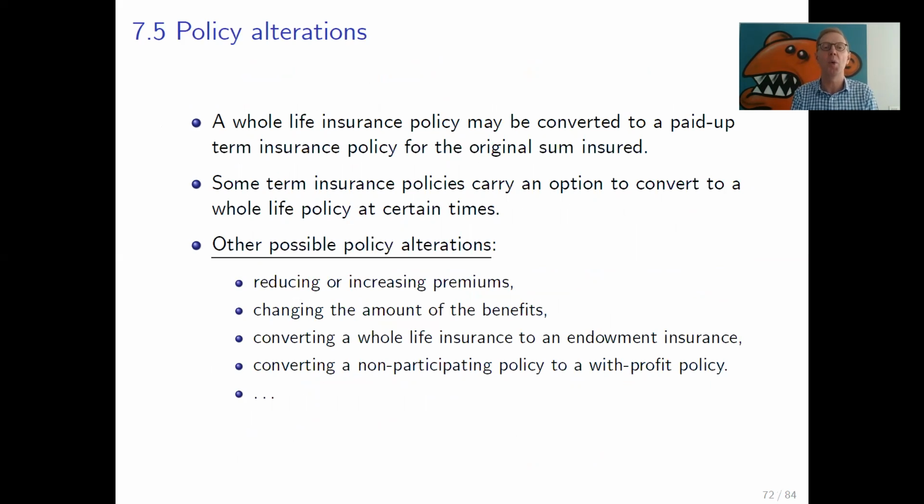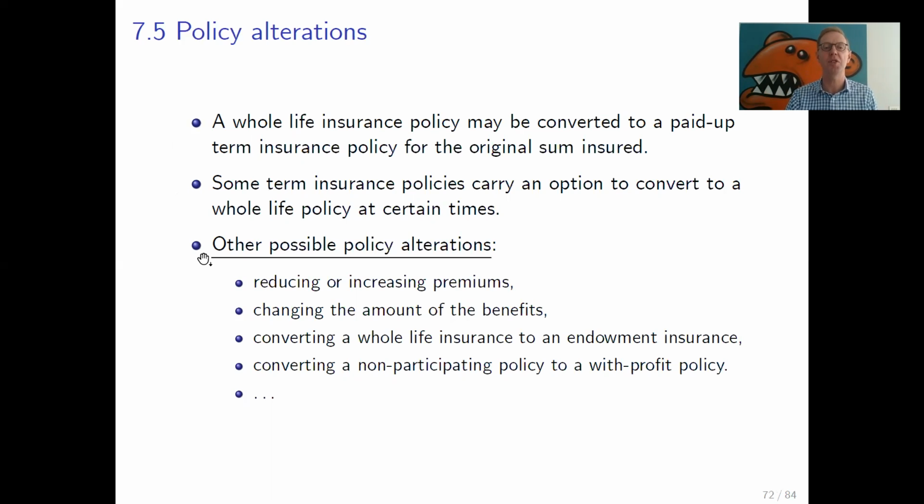And then we say, okay, we will transform your whole life insurance into a term insurance for a reduced term. Or some term insurance policies carry an option to convert to a whole life policy at certain times. You have underwritten a term insurance for a duration of 20 years, but at a certain moment you want to make it lifelong. That will be possible, of course, with a reduced amount insured.